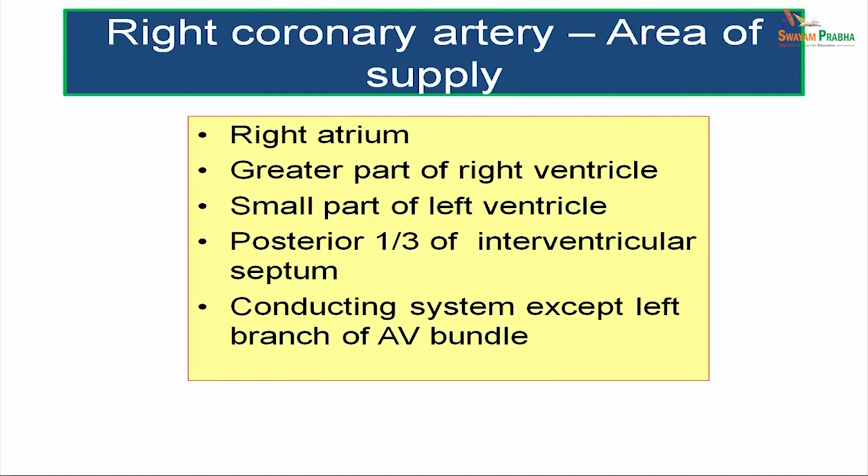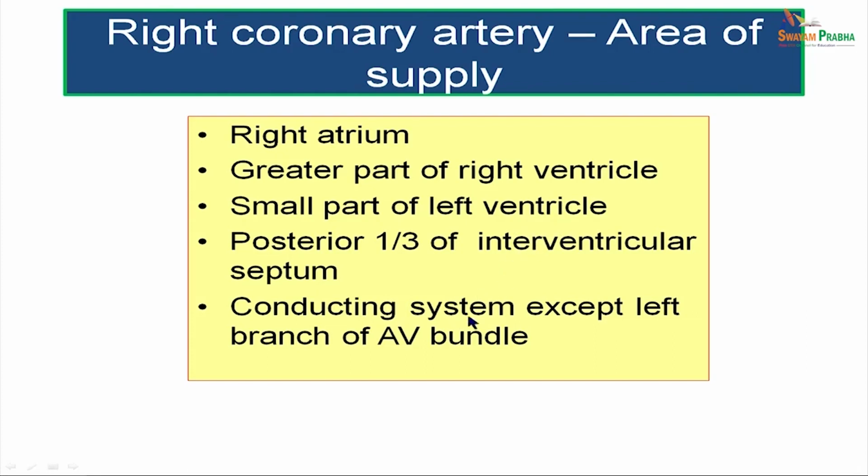And how much of the septum is it going to supply? The right coronary is going to supply the posterior 1/3 of the interventricular septum, and what is left is the anterior 2/3, and that is supplied by the anterior interventricular artery, a branch of left coronary.